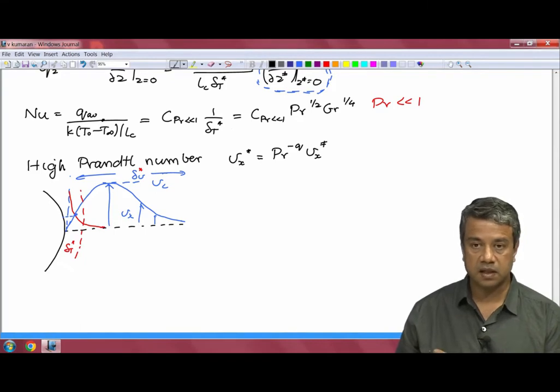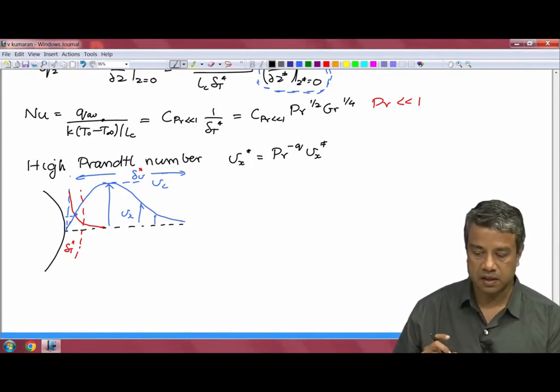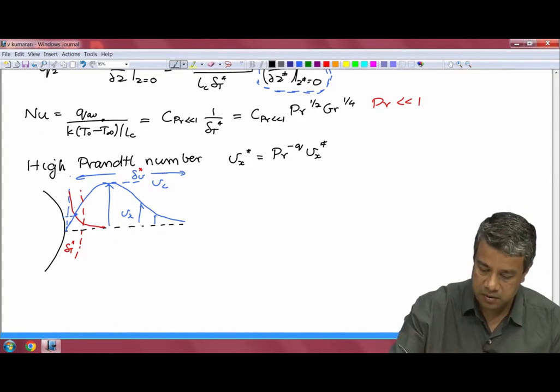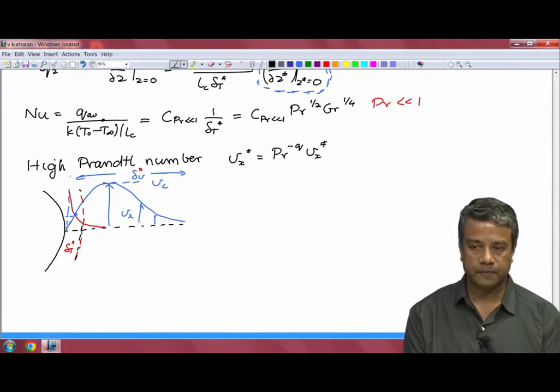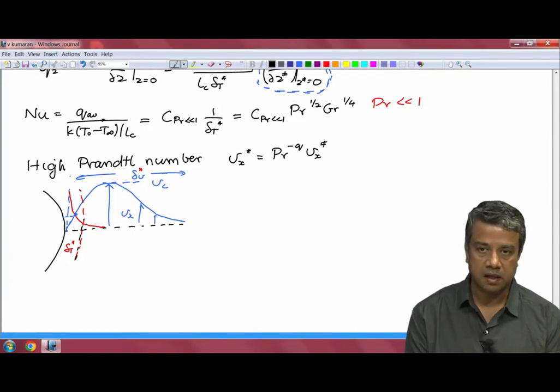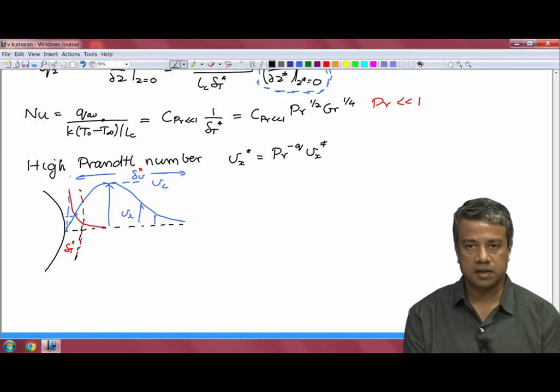Note that Vx star is small compared to 1 within the thermal boundary layer. Vx star, the velocity in the x direction in this thermal boundary layer region scaled by the characteristic velocity, is small compared to 1. That means that it goes to 0 in the limit as the Prandtl number goes to infinity.